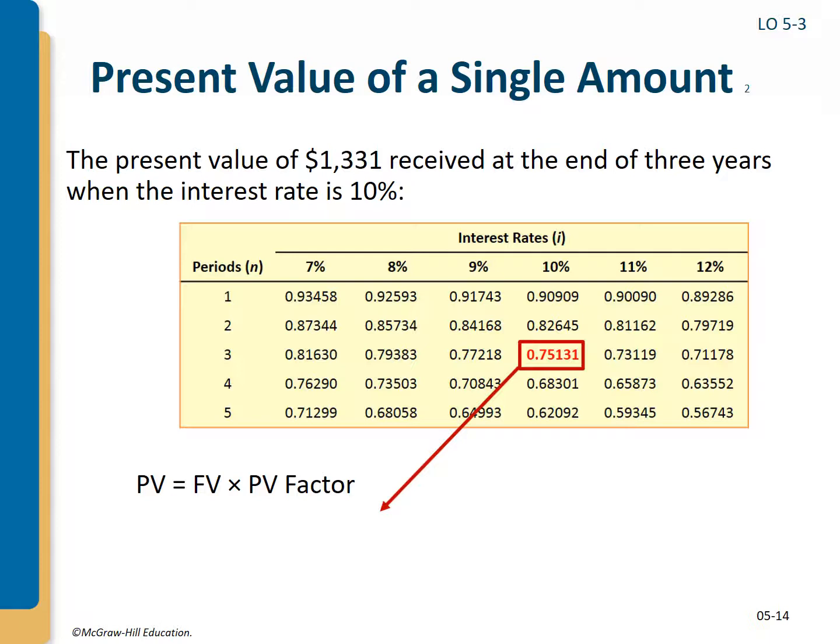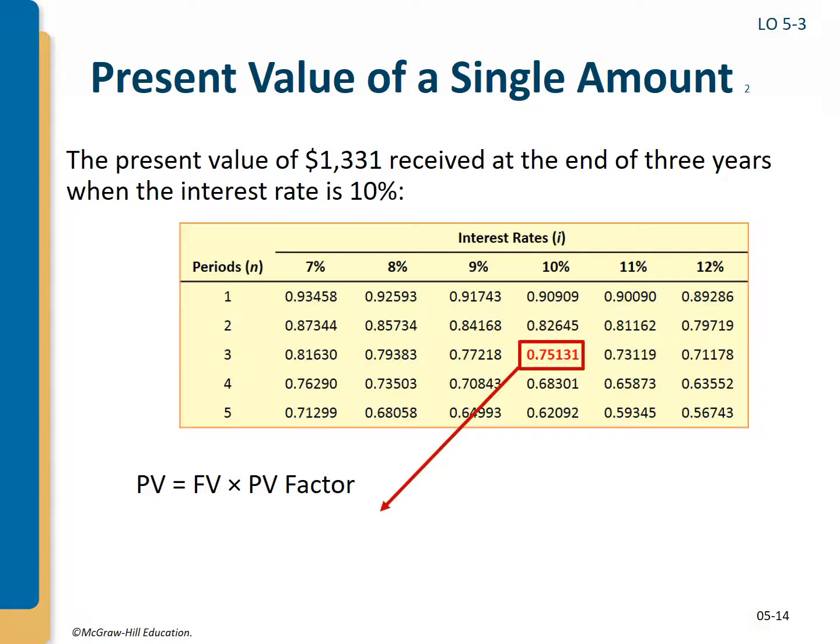So what we do is we say, well, we know what we need, 1331. Now go to P2. You're going to go to the 10% column, go down 3 periods. So $1 in 3 periods at 10% interest is worth 0.75131 cents at time 0.